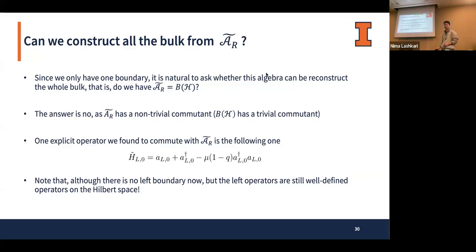The only way for A_R tilde to be B(H) is that it's type I. But there's something subtle here: even if you can show that it's type I, it does not actually tell you that it's the whole B(H). If it's B(H), it must be type I. But I will give a separate argument why it's still type II, later.